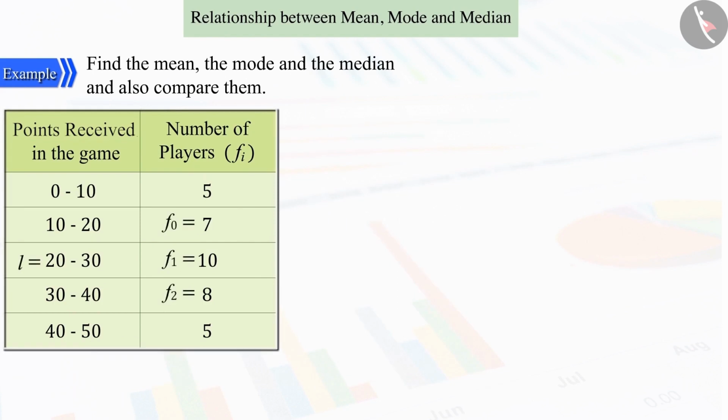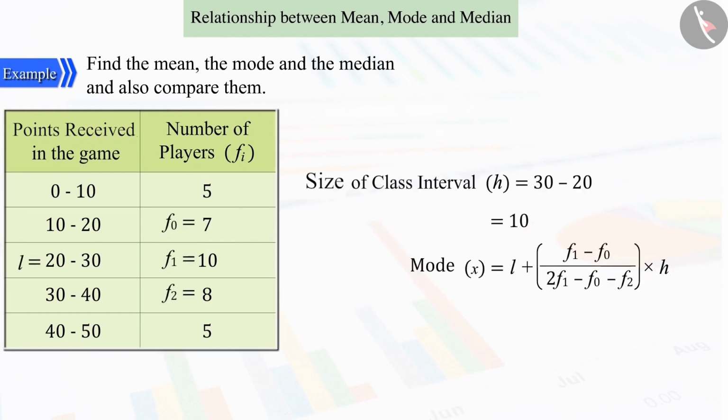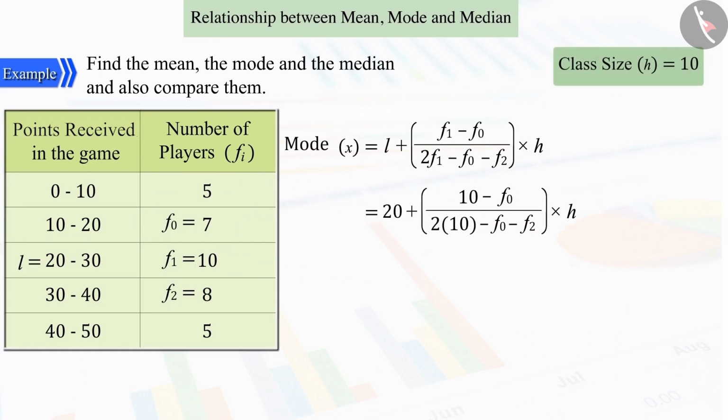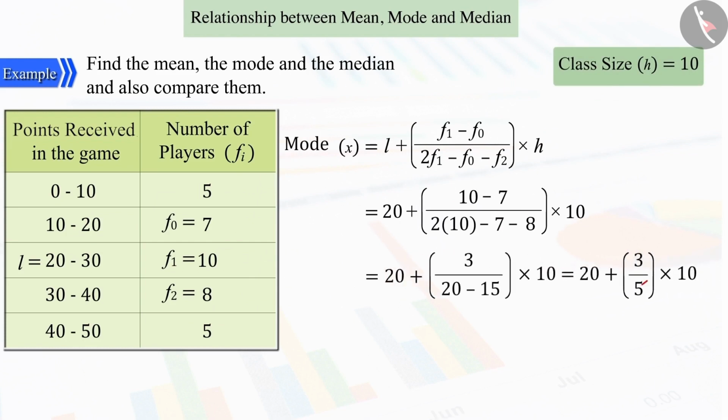If we talk about the mode, then substituting all the values from the above data in the formula for mode and solving, we get the value as 26.